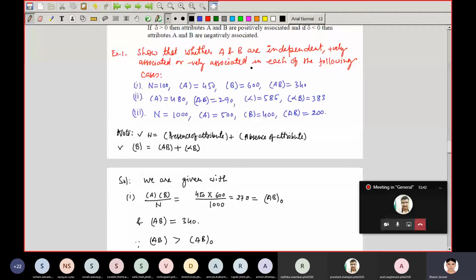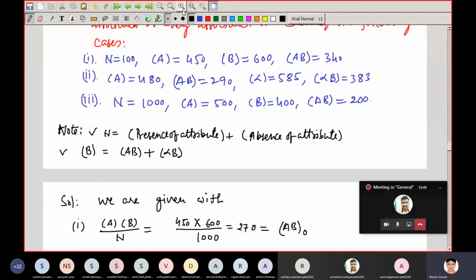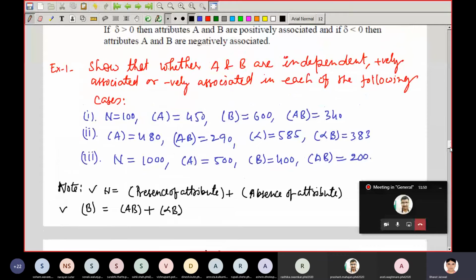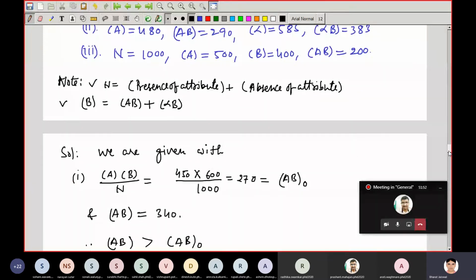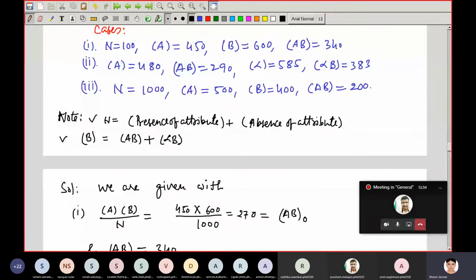So let me take one example and the second example you guys do. There are some formulas which you have to remember. Please listen carefully. Total frequency, capital N, is equal to the frequency of the presence of the attribute plus the absence of the attribute.